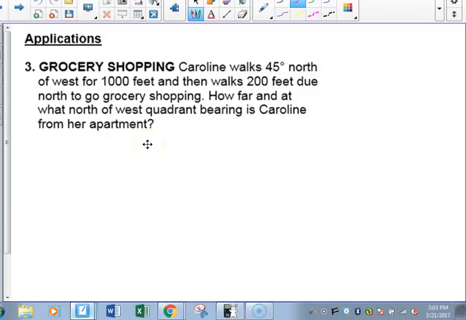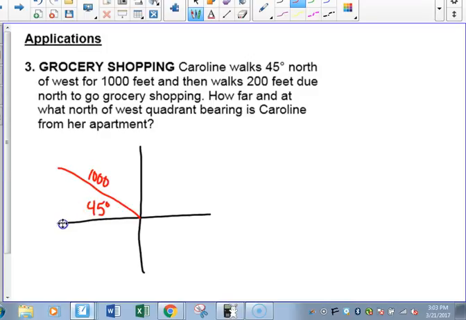Okay, we can do this by saying she went 1,000 feet at a 45-degree north of west, and then she went 200 due north. If we figure that out geometrically, we just want to figure out how far back to her apartment. Is that making sense, guys?